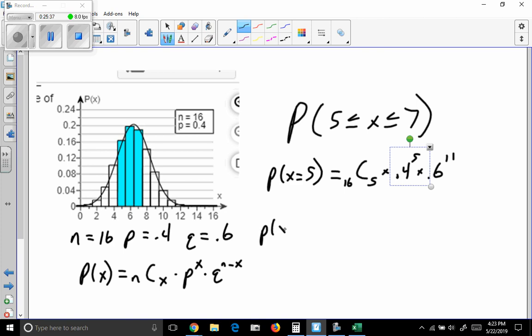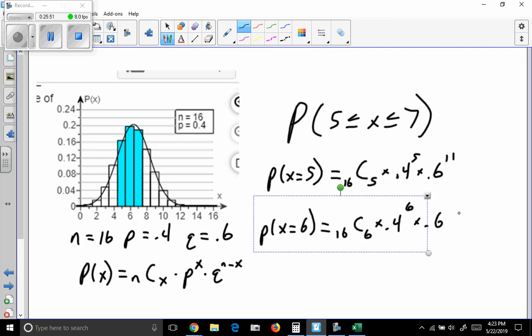And then we would have to drop down and find the probability that X is 6. So that would be 16 choose 6 times the probability of success to the 6 times the probability of failure, whatever is left. If there's 16 trials, 6 successes, there are 10 failures.